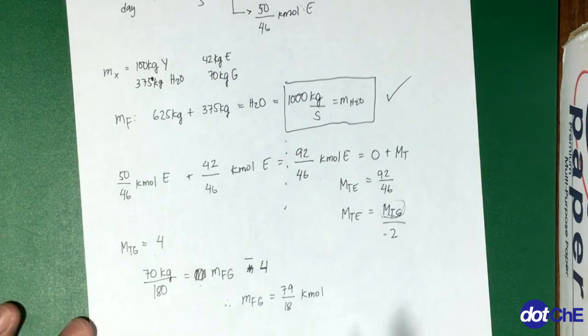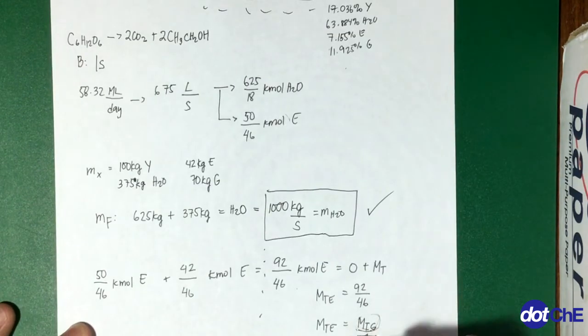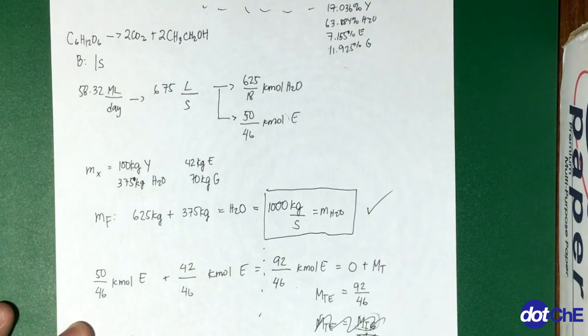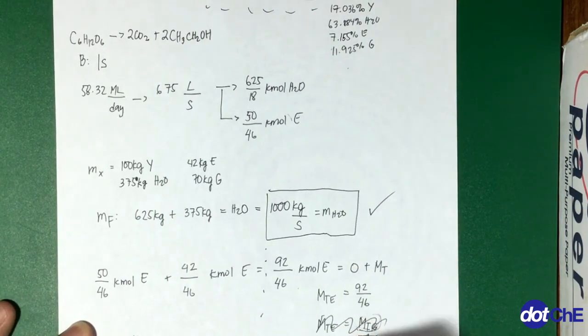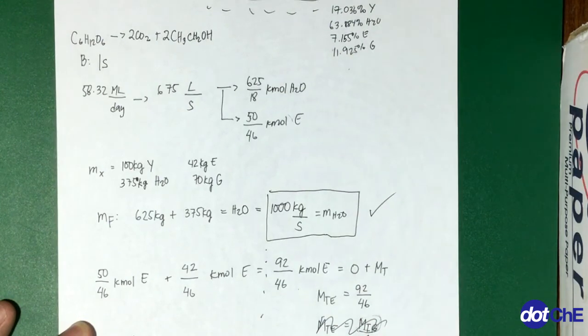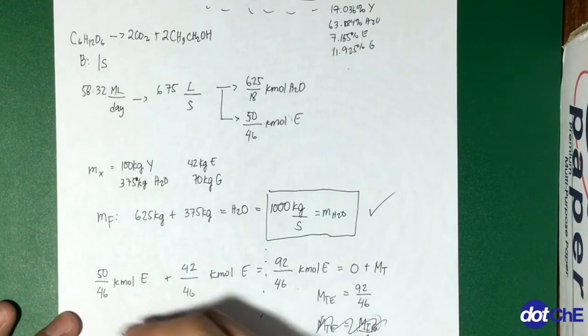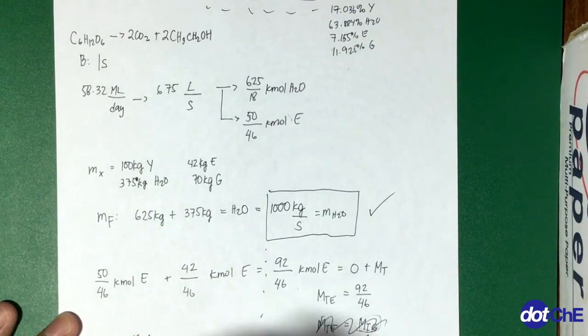I am completely mistaken. This is supposed to be MTE times 2 is equal to MTG. So technically, the one that we got earlier, this is supposed to be 1, and this is supposed to be minus 1.